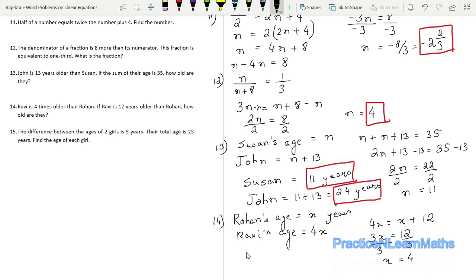So, Rohan is 4 years and Ravi is 16 years. That's the answer.